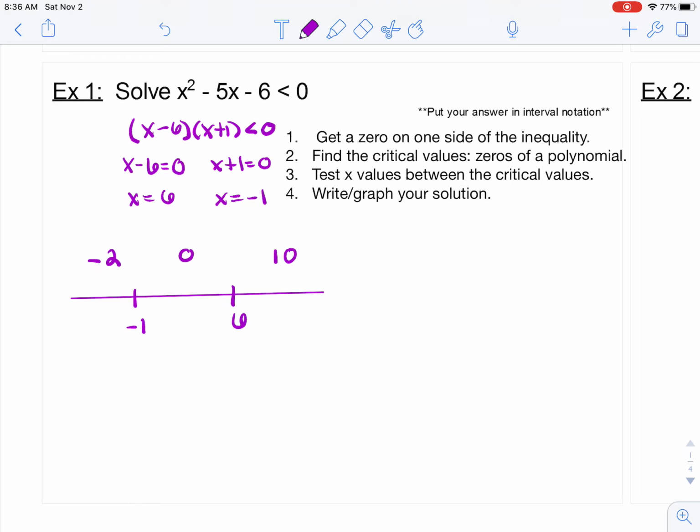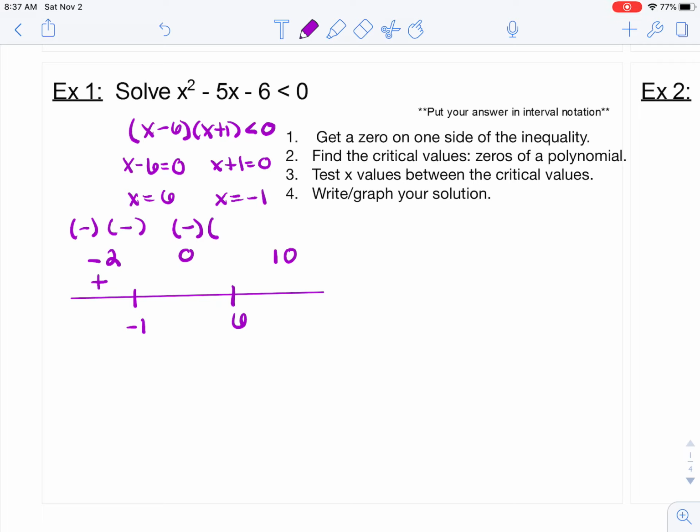So if I plug in negative 2 minus 6, that would give me a negative value. If I plug negative 2 in for x, so negative 2 plus 1, that would be a negative value. So a negative times a negative, this interval will be positive. If I plug in 0 for x, in the first parentheses I would get a negative.